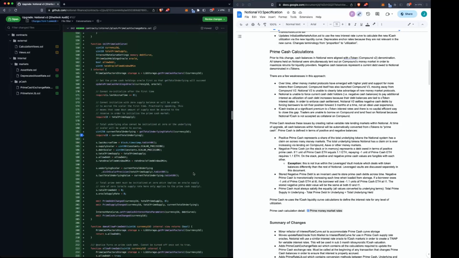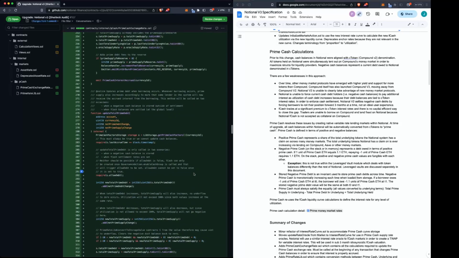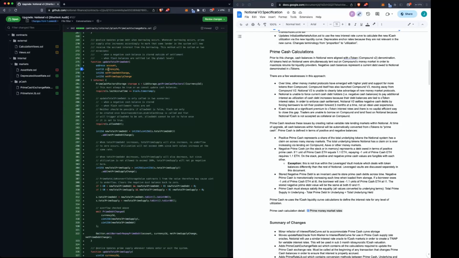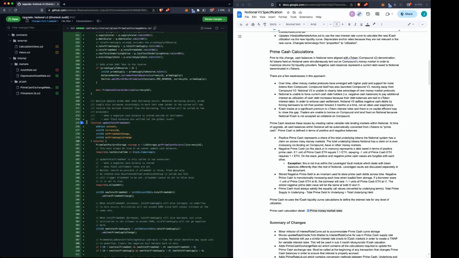Going through this, there's a lot of getters and setters in here, but the meat of the important code is going to be in understanding the concepts behind updating the total prime debt and updating the total prime supply. So updating the total prime debt is going to happen whenever prime cash is borrowed or repaid.